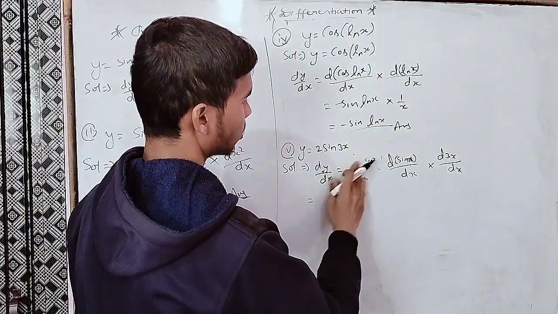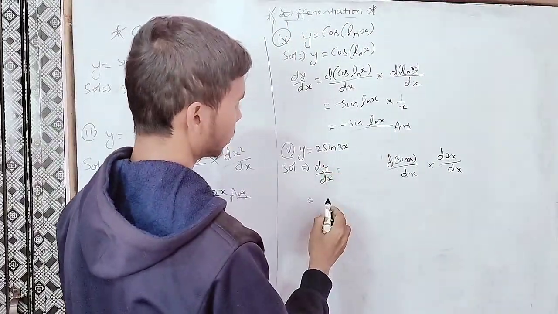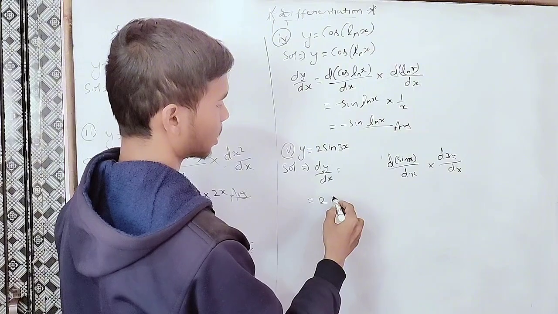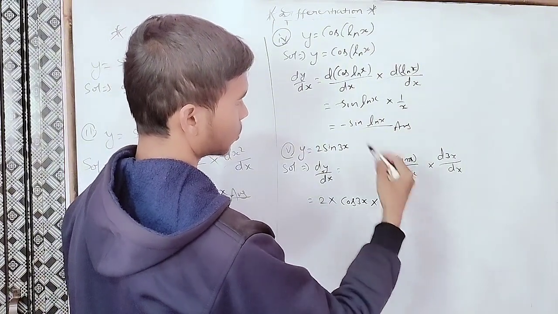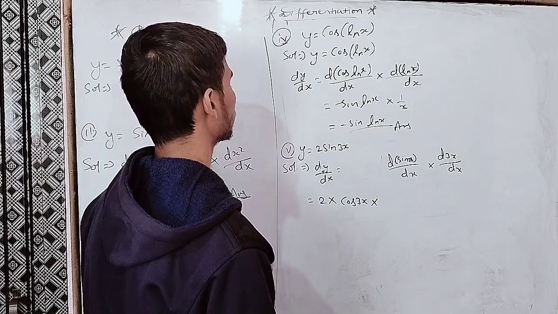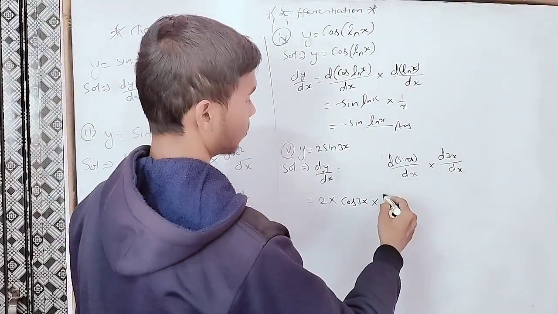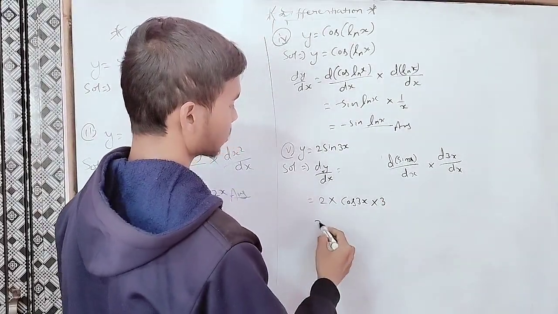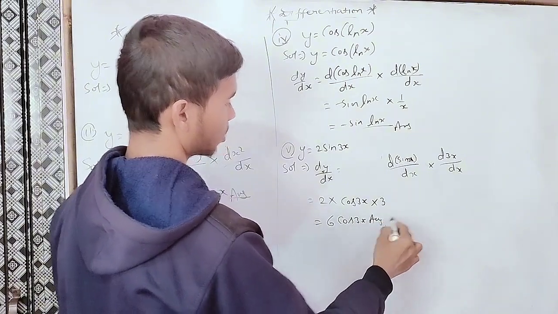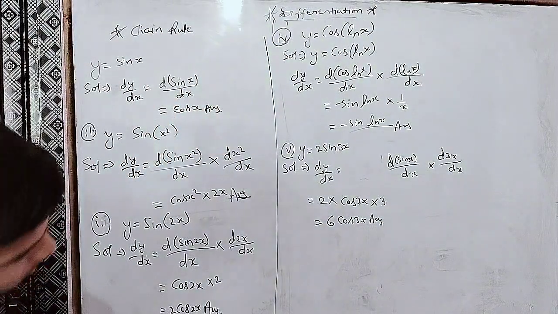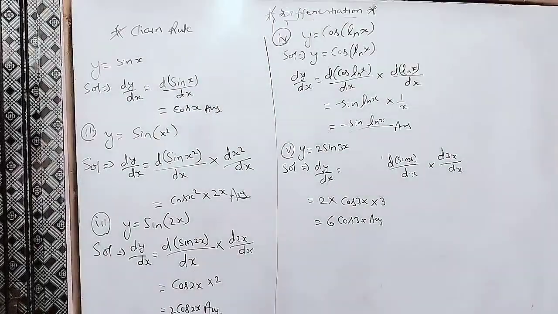Let's say we have only 2. Then cos 3x, and derivative of 3x is only 3. So 2 times 3 is 6 cos 3x. That's it. 6 cos 3x.